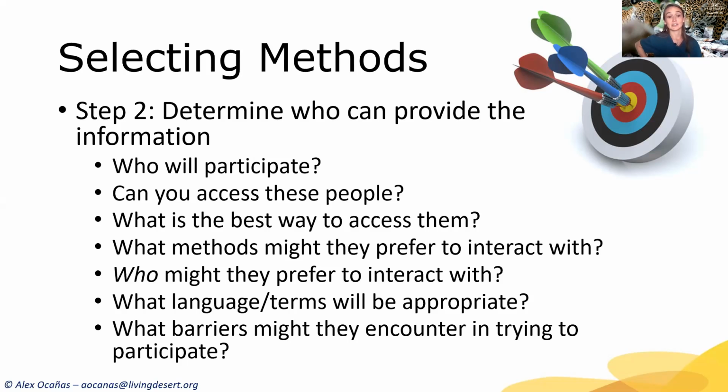And also consider what barriers people might encounter when they're trying to interact with your data collection method, so you can remove those barriers, or you can find ways to navigate them to make your method the best. Or choose a different method that doesn't have such negative barriers.